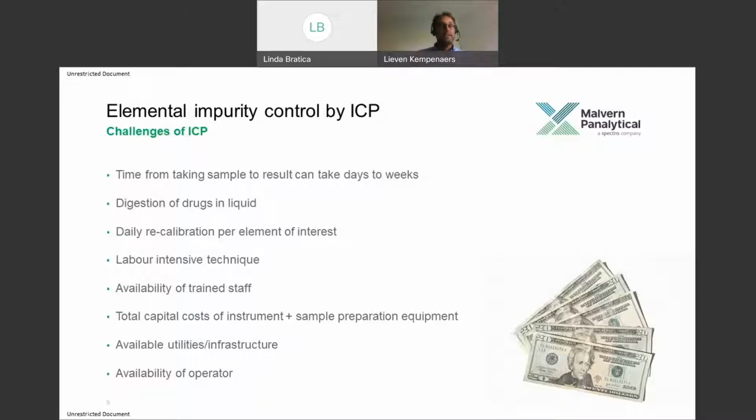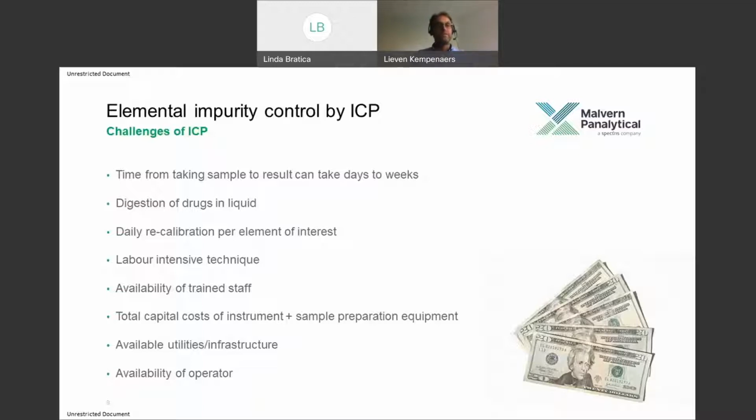The first one is that the time from taking the sample to the end result can take hours, days, in some cases even weeks, because of the extra sample preparation. That's the determining factor.